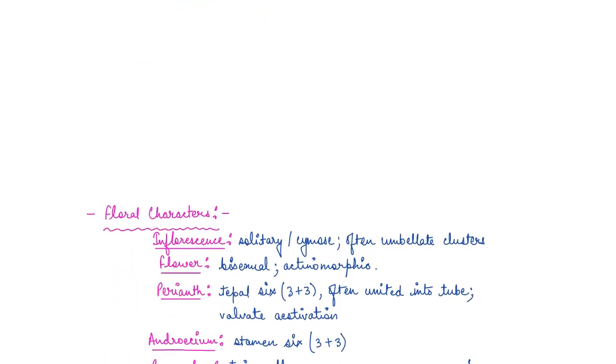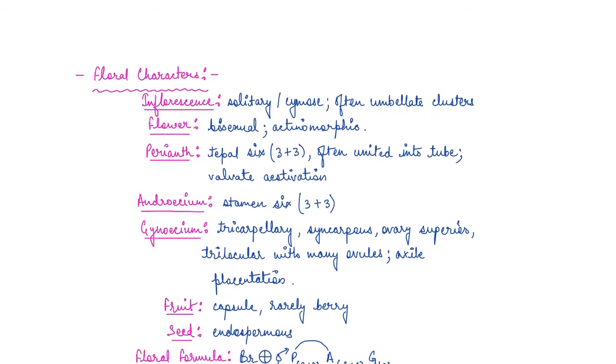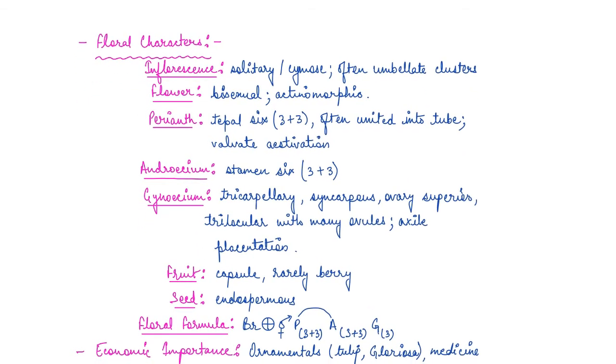Then comes the floral characters. Basically the inflorescence is cymose and solitary, right? And sometimes you can find umbellate clusters as well. Flowers are again bisexual. So you see that in most cases flowers are bisexual, right? And actinomorphic. Perianth, here we have perianth as well.